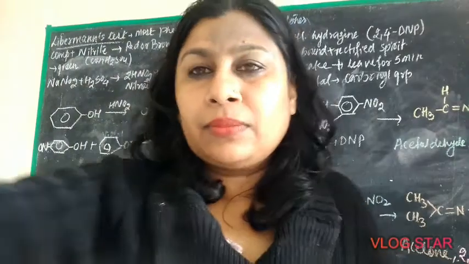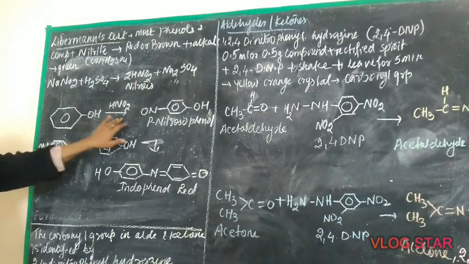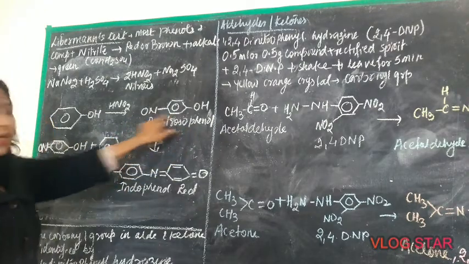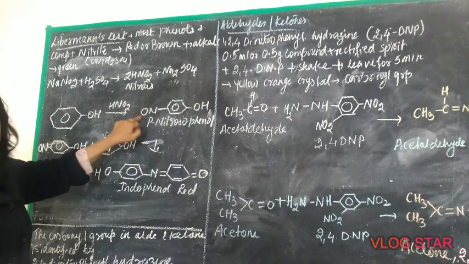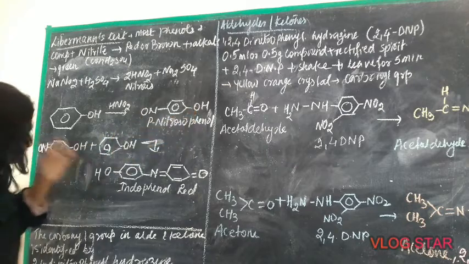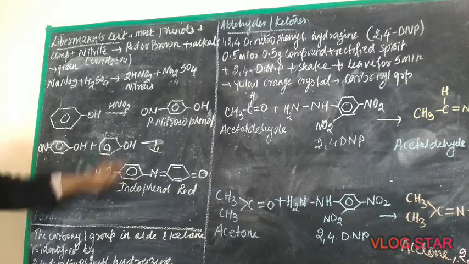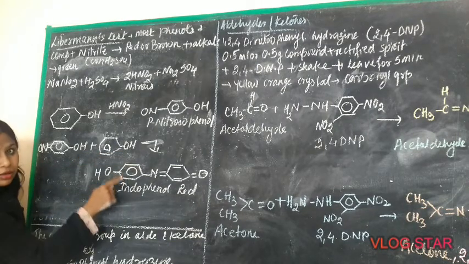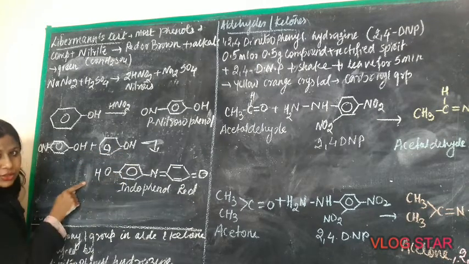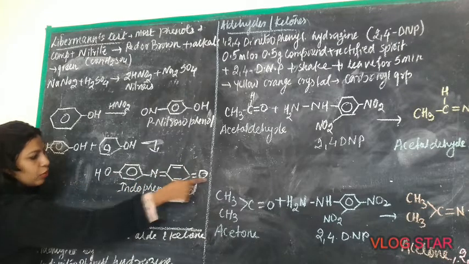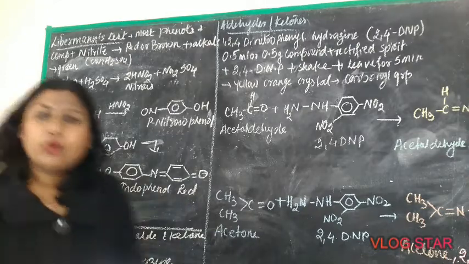Now this para-nitrosophenol reacts with one more phenol, forming this compound: the aromatic ring, OH here, N double bond ring, and double bond O. This is known as indophenol red.